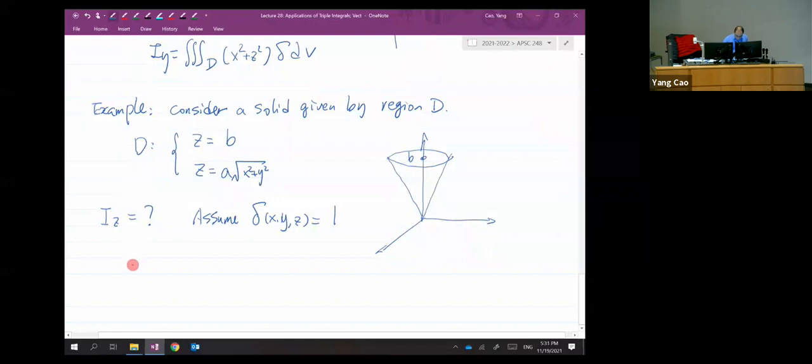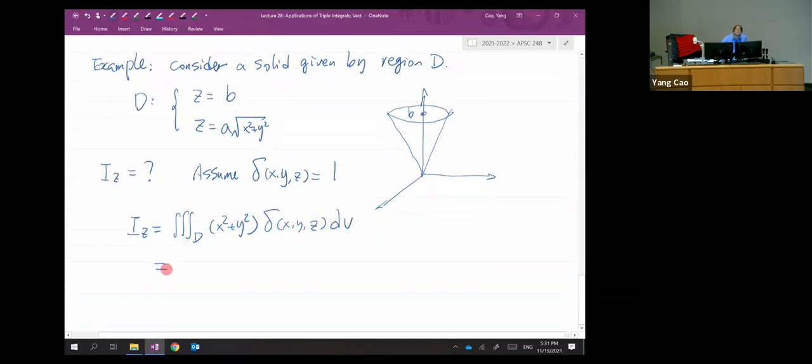First step, you write down the formula for Iz. It doesn't matter what kind of object. Your Iz is the integral of x squared plus y squared times delta dV. Because delta is 1, you are left with just x squared plus y squared dV.